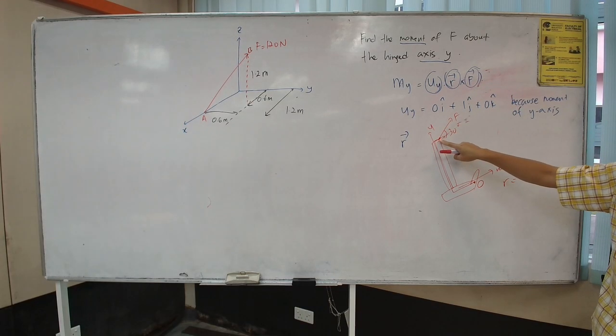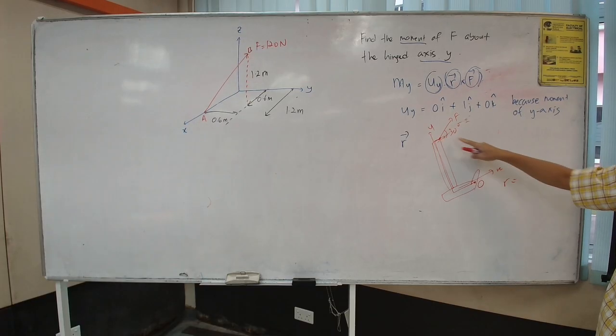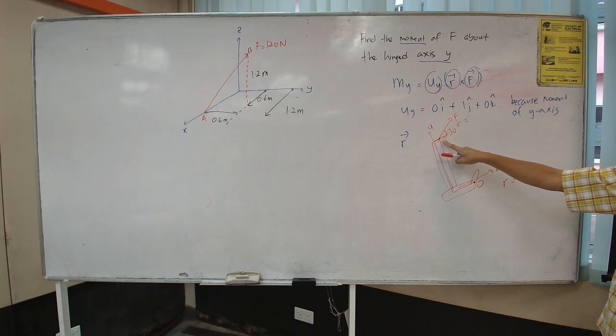Your force starting point is here. So the R must be measured from the origin to the starting point of the force.